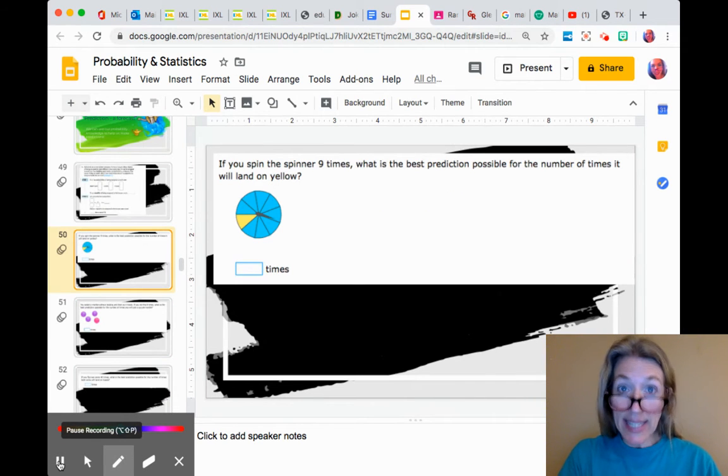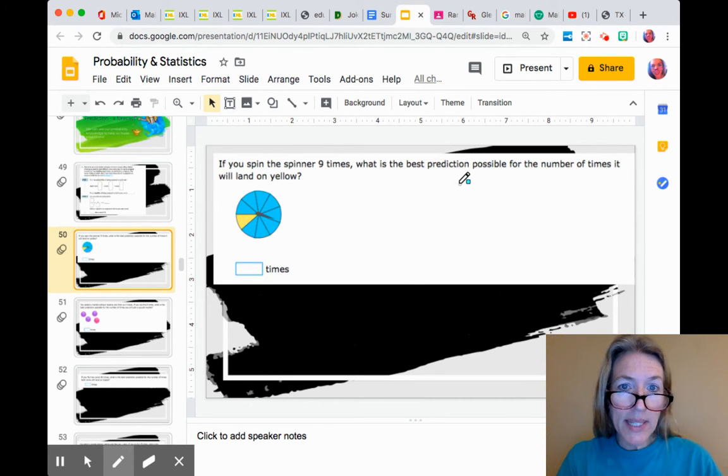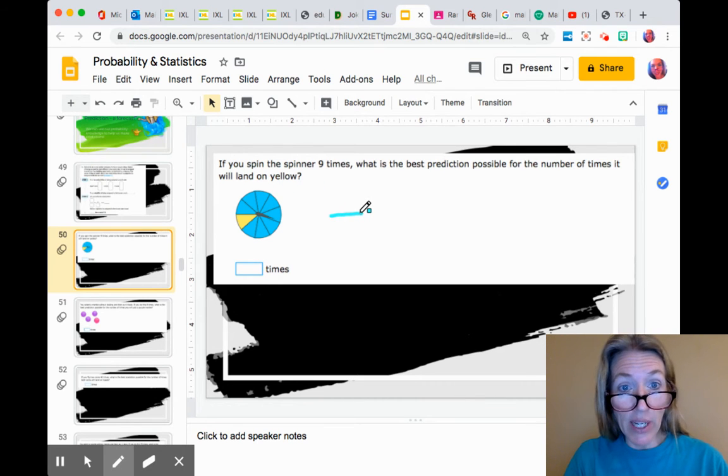Okay, guys, example number 2. If we spin this spinner 9 times, what is the best prediction that it's going to land on yellow? Well, I'm going to just find the probability of 1 spin. And I know all of you are good at that. So let's start there. We're going to find the probability of 1 thing.